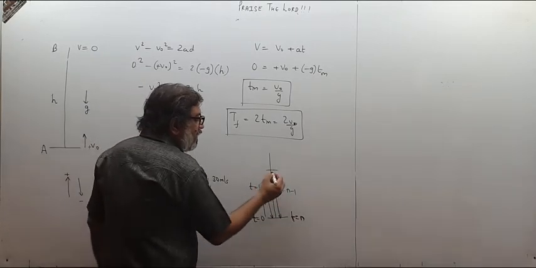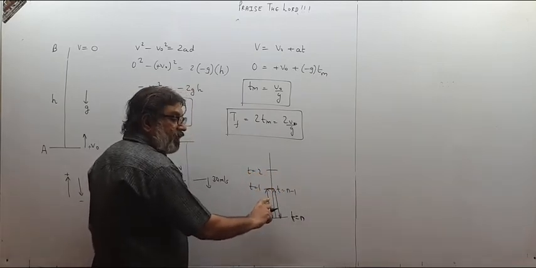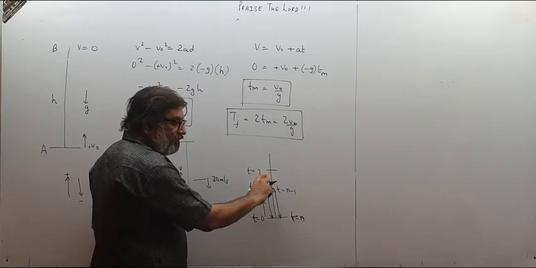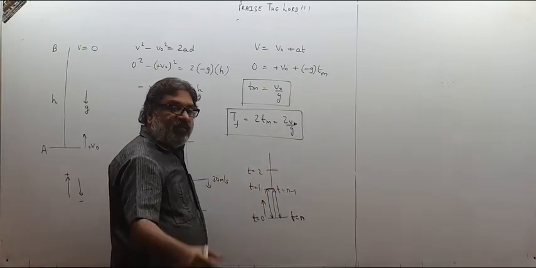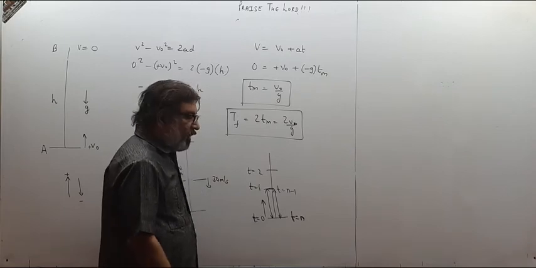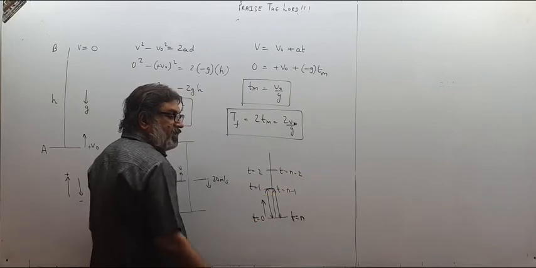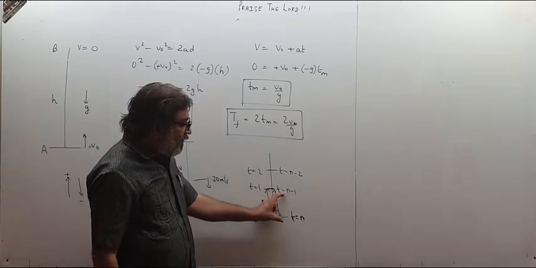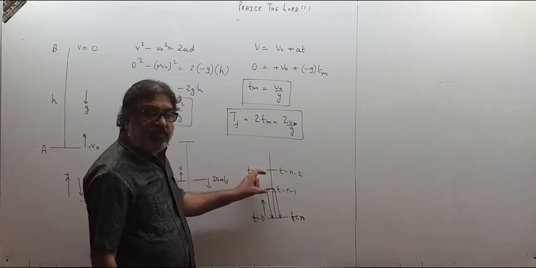Whatever distance is covered in the second, this is the first second, this is the second. So whatever distance is covered in the next 1 second, that will be the distance covered in the second last second. This is the last second, this is second last. This is first second, this is second.